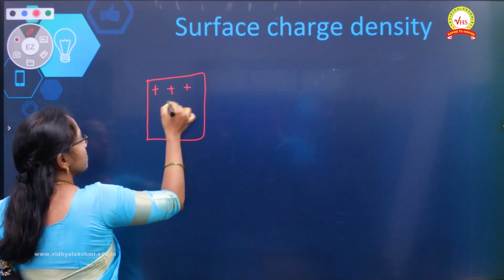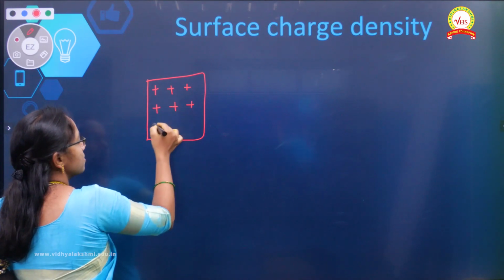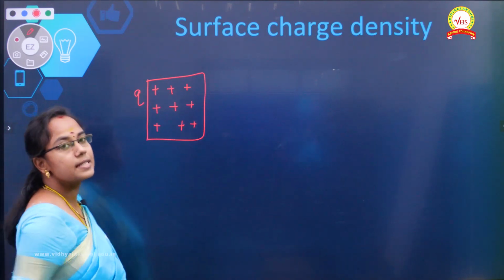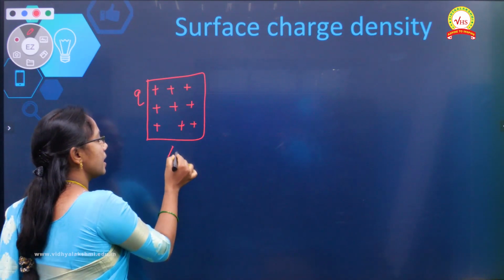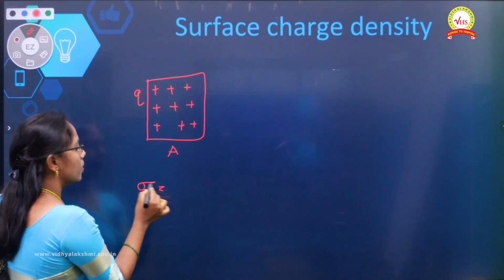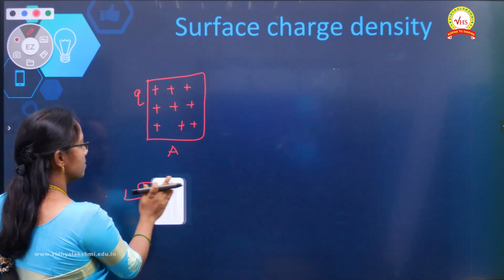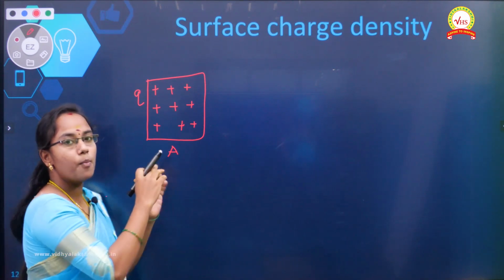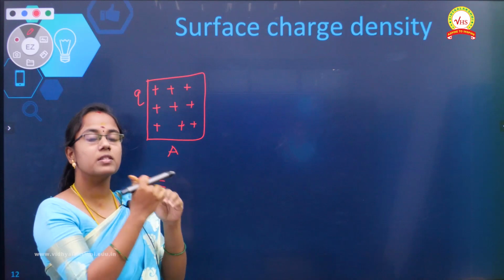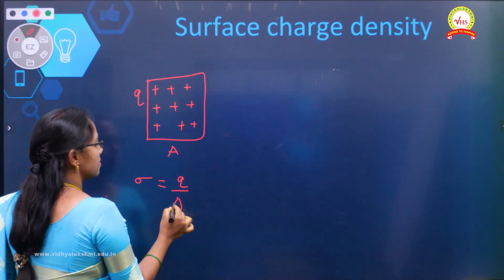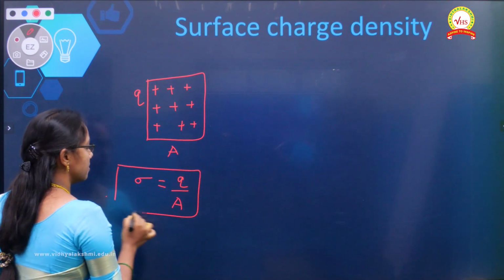Let the charge be represented as Q, and the surface area be represented as A. Sigma, a Greek symbol, is equal to the amount of charge present on the surface divided by the surface area. Q by A represents the surface charge density.